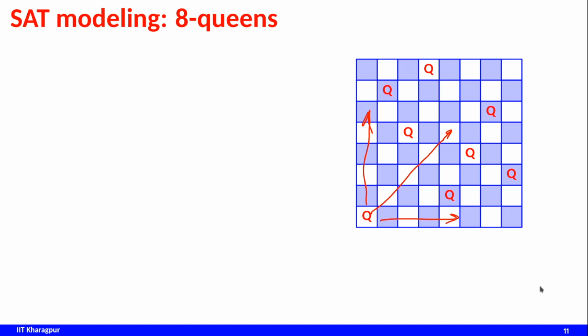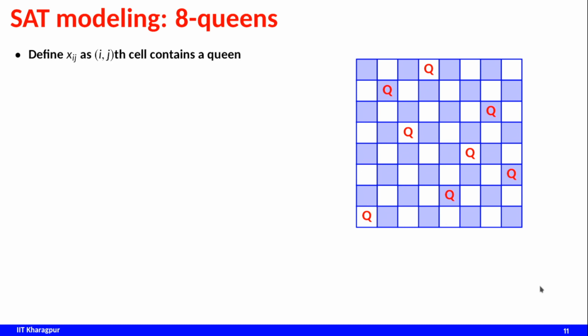Each column can have at most one queen and each row can have at most one queen. Effectively, each row and each column will have exactly one queen.